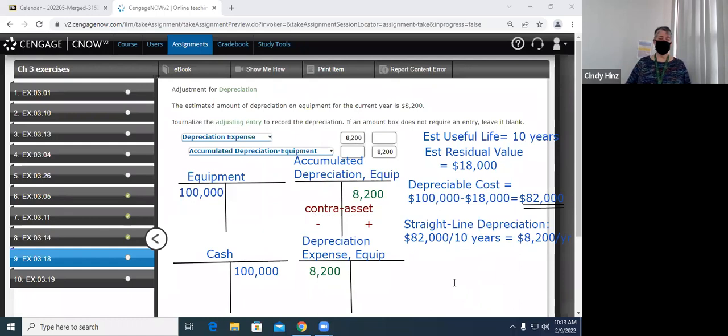It goes against the asset. It has a normal credit balance. But it's listed right along with the assets. So on our trial balance, on our chart of accounts, if the equipment account, just making things up here, the equipment account is an asset account.